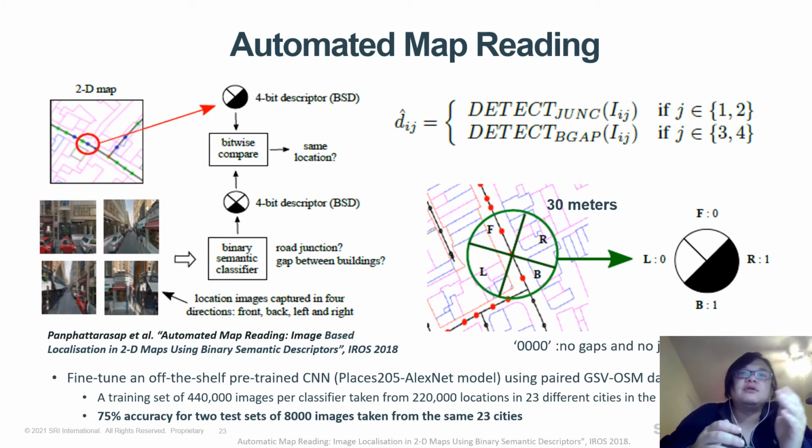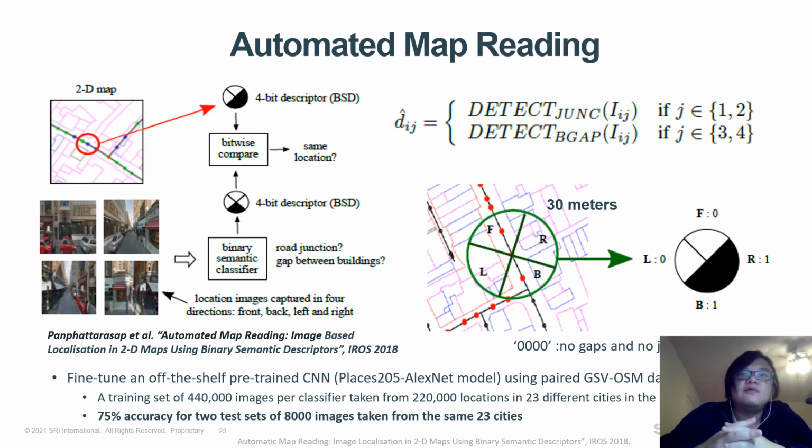It's the same for the ground image: because the authors crop the panorama image into 4 different images to cover these 4 directions, they trained a network to classify these images to indicate whether there is a building gap or a junction present in this direction inside the image.